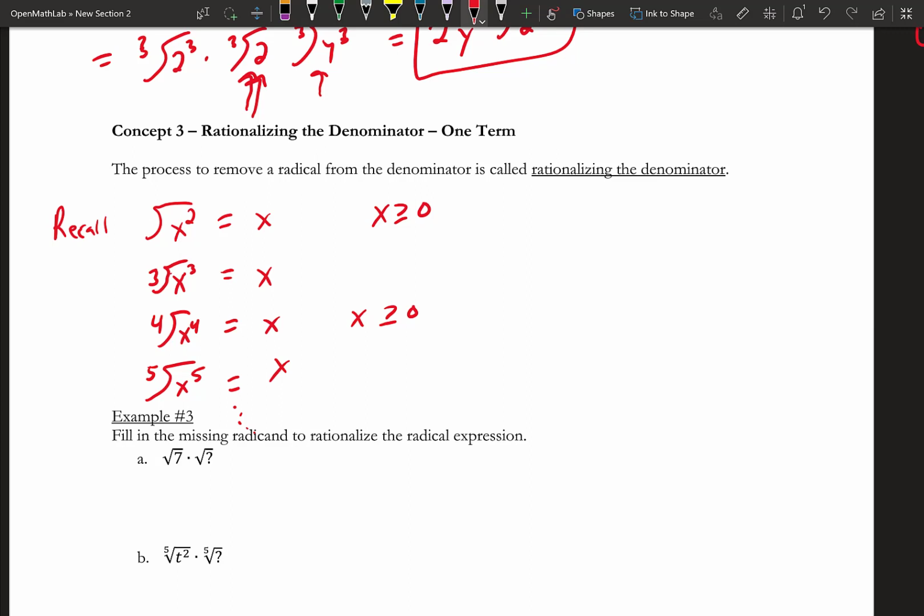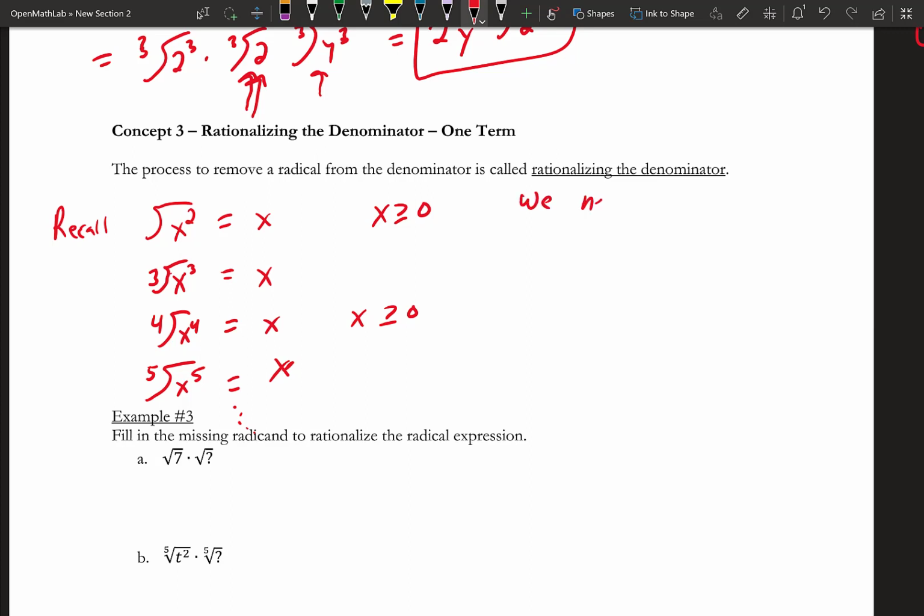So the idea with that is if I can get a power that matches the index, then that will remove the radical symbol, which is what we want to do, right? We want to remove the radical from the denominator. So I have just a note here.